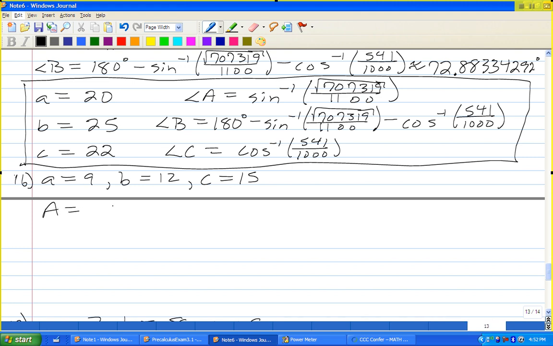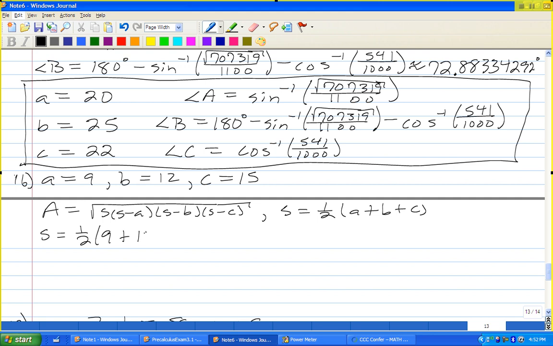And so the area is the radical of S times (S minus A)(S minus B)(S minus C), where S is 1/2 (A plus B plus C). And so this is equal to 1/2 (9 plus 12 plus 15).